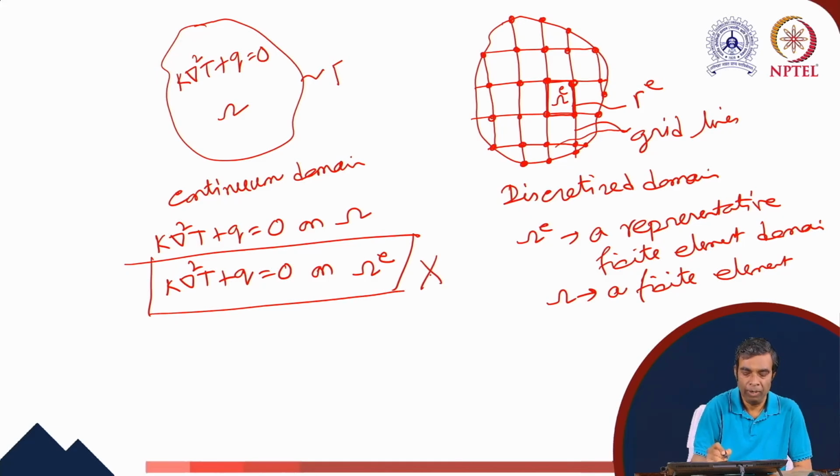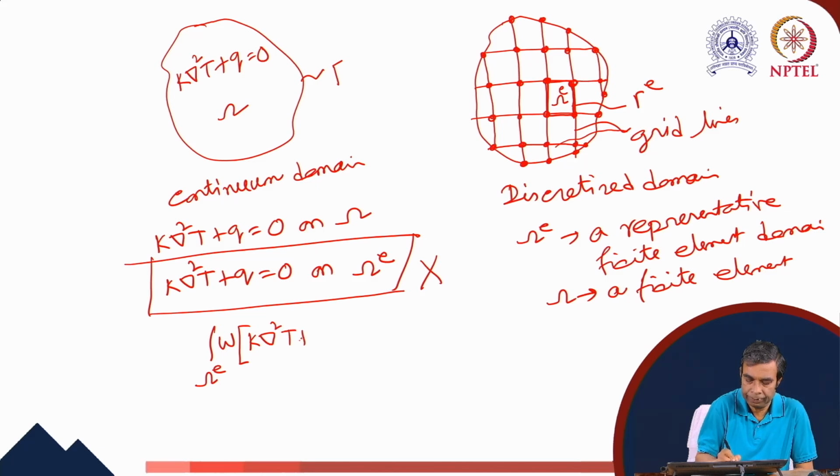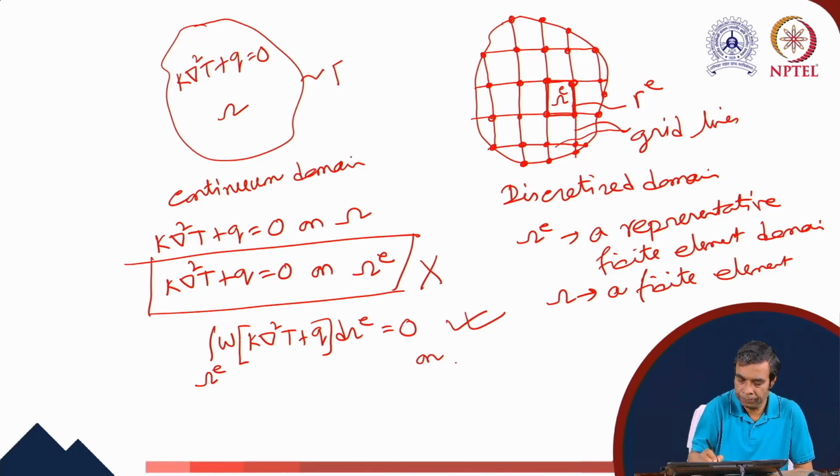So when we write the governing equation at the integral level, we have to use the integral form of the governing equation. It should be written as the integration over omega e of the weight function times k del square t plus q, d omega e, equals to 0. This is the statement which is valid on omega e.